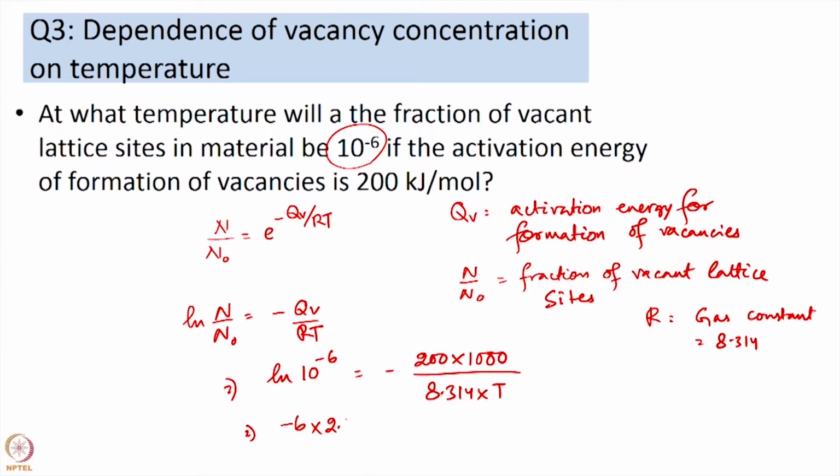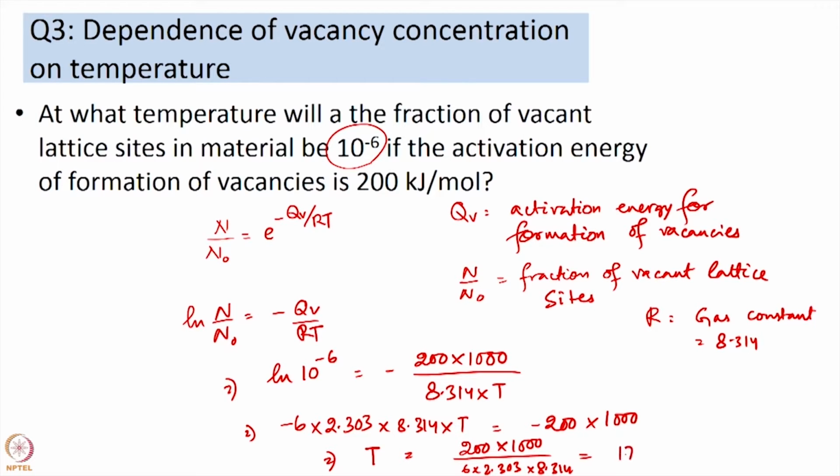So, this implies temperature T will be 200 into 1000 divided by 6 into 2.303 into 8.314.